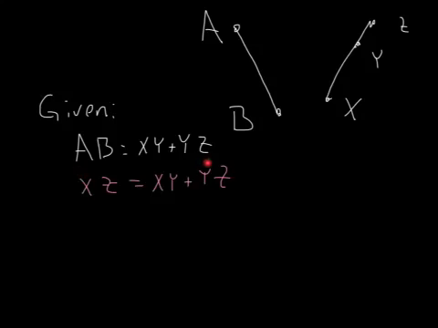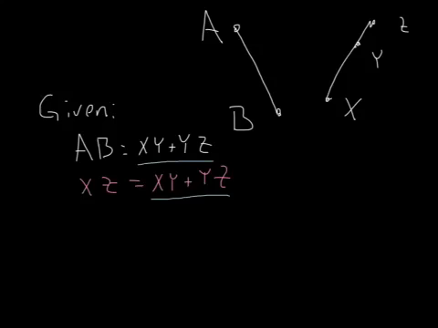They told us that. And then we know that also XZ equals XY plus YZ, which makes sense. That's segment addition. Now notice that these two values here, XY plus YZ and XY plus YZ, are the same.